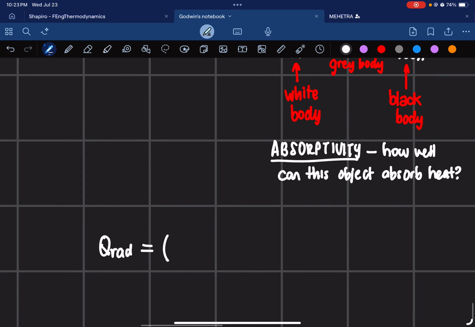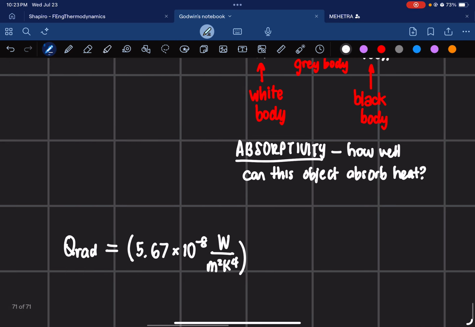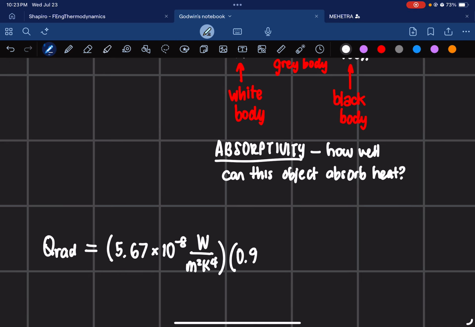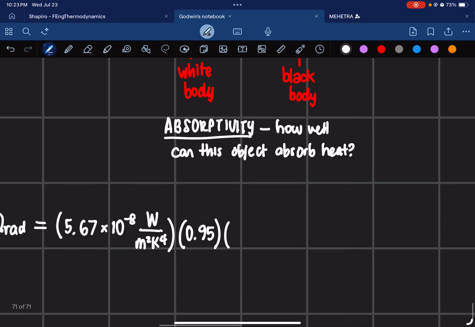Let's say, for example, we have, yun nga, ang ating Stefan-Boltzmann constant, 5.67 times 10 raised to negative 8 watts per meter squared Kelvin to the 4th, times our emissivity, which is 0.95. Our area, I think our common surface area is like 2 square meters ata. Let's say, for example, 1.8. I forgot the common example here.